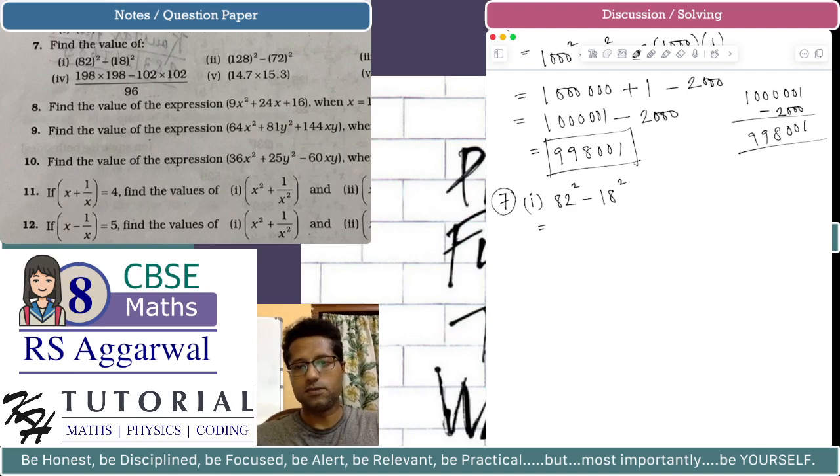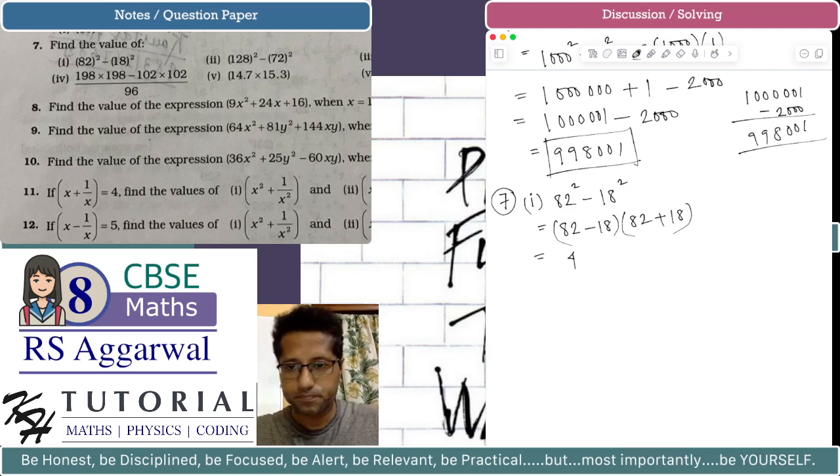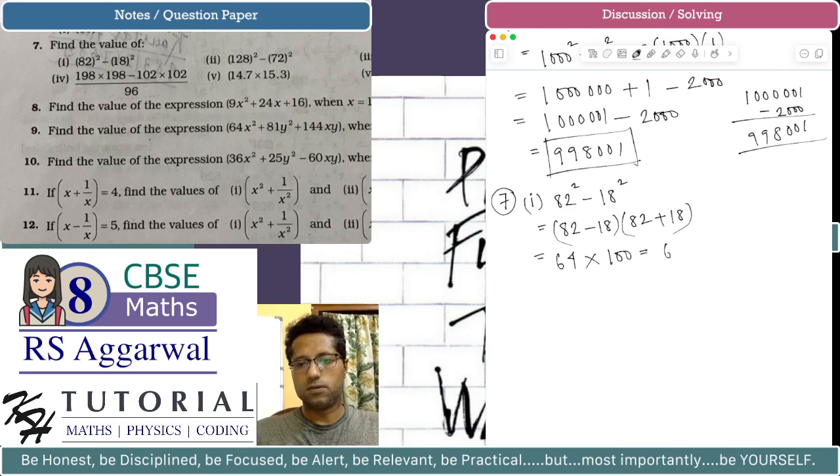So the answer is a square minus b square is a minus b multiplied by a plus b. So this is equal to 82 minus 18 is 64 multiplied by 82 plus 18 is 100. So this is equal to 6,400.